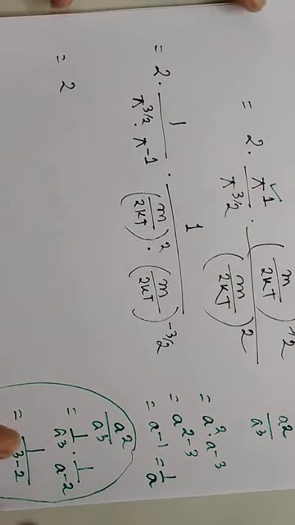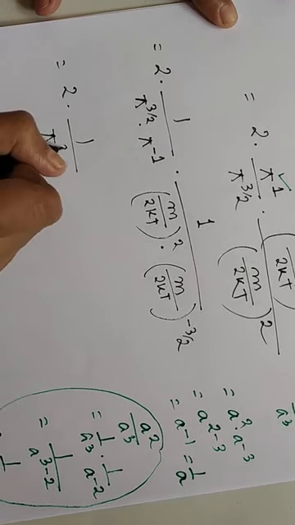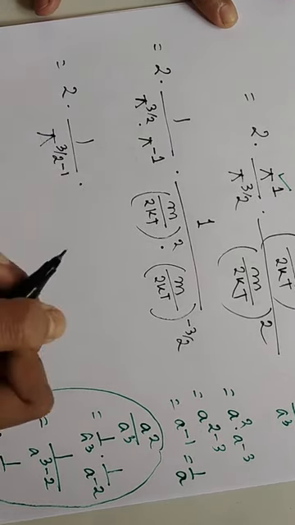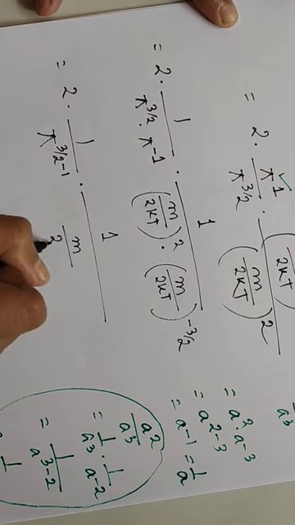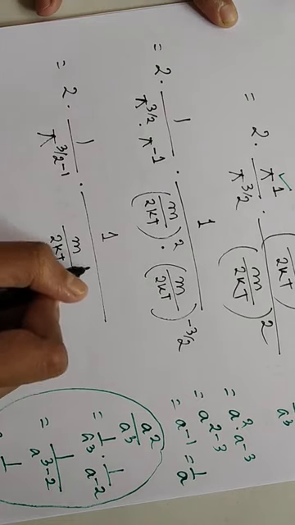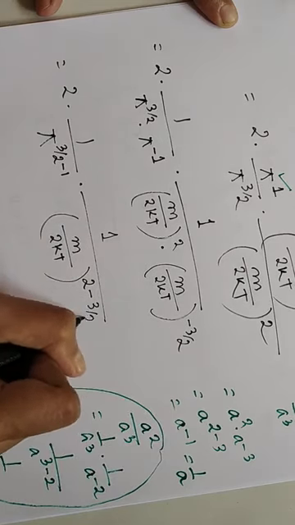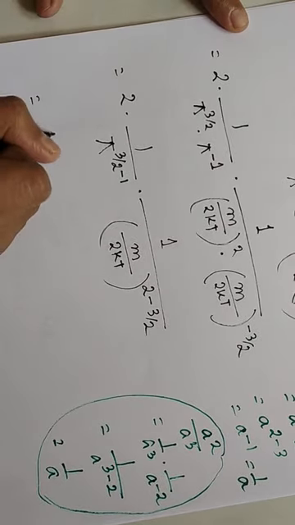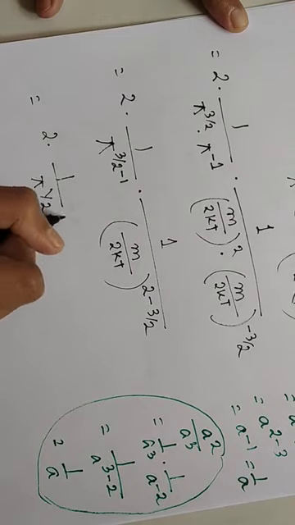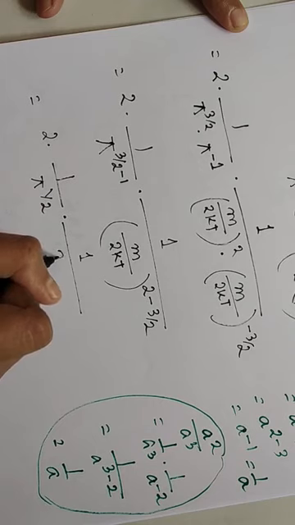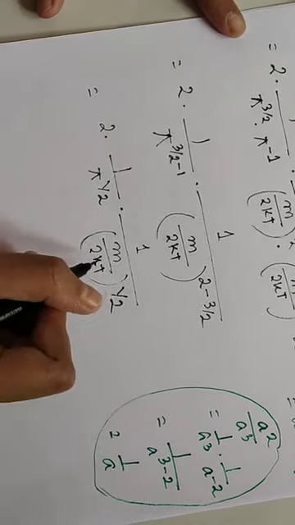So in the next step it will be 1 by pi 3 by 2 minus 1 into 1 by, we'll subtract this power, so we'll have 2 minus 3 by 2. So we have 2 into 1 by pi to the power half into 1 by m by 2 kt whole to the power half.